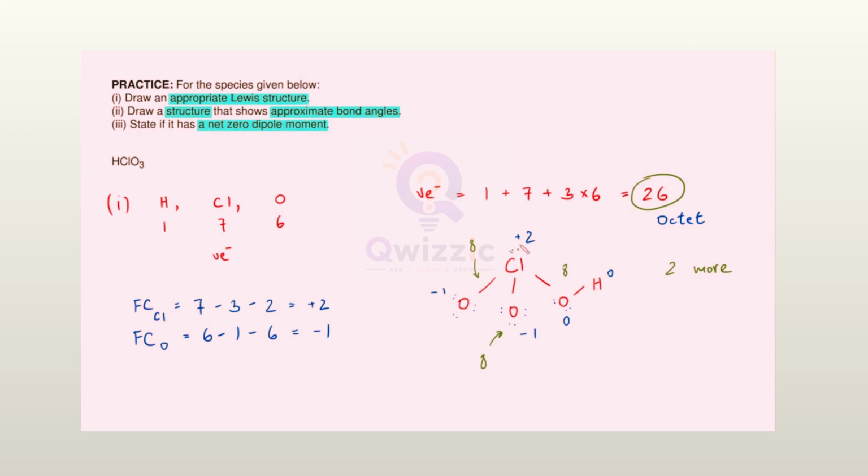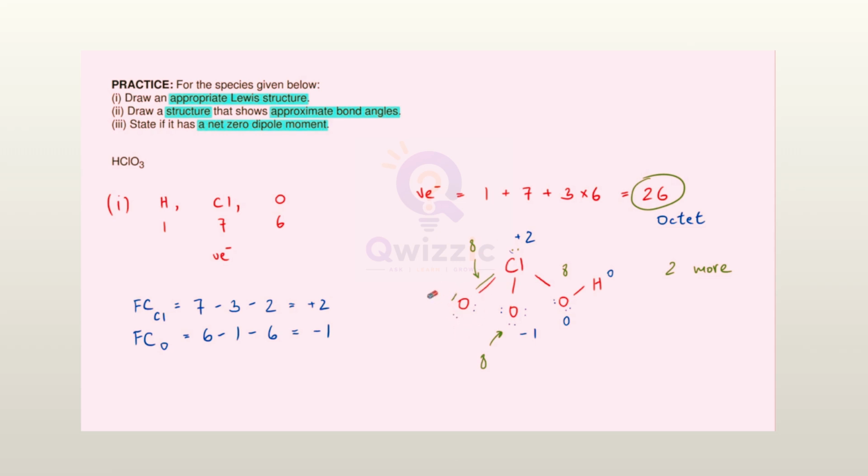If we want to minimize the formal charges, we want to get rid of one of the lone pairs from the first oxygen and introduce a double bond. So now oxygen will have 2 lone pairs and 2 bonds. As a result, its new formal charge will be 0.